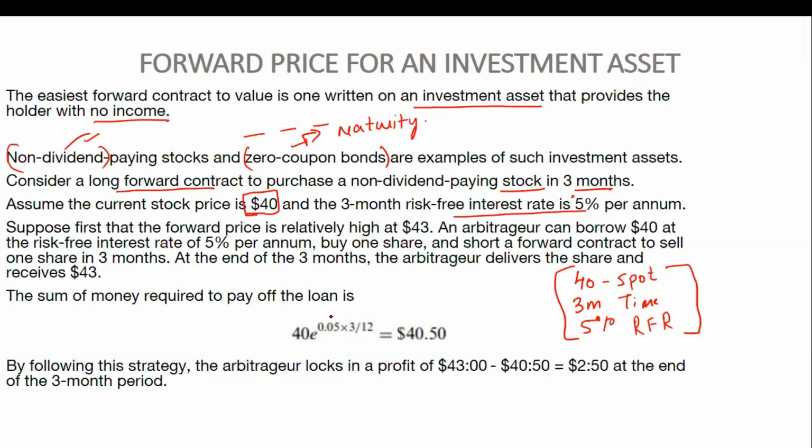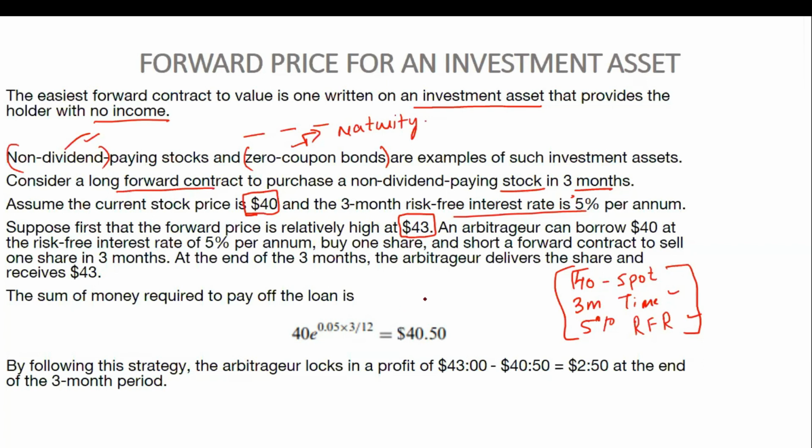So now suppose first that the forward price is $43. So the market is saying that the 3 month forward contract on this particular stock is trading at $43. So now an arbitrager can borrow $40 at this interest rate for this time period.